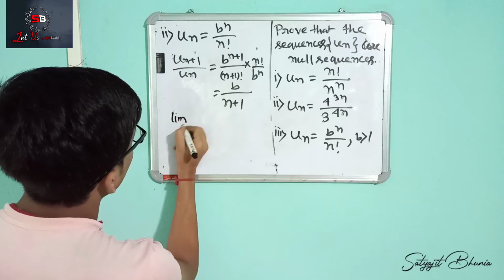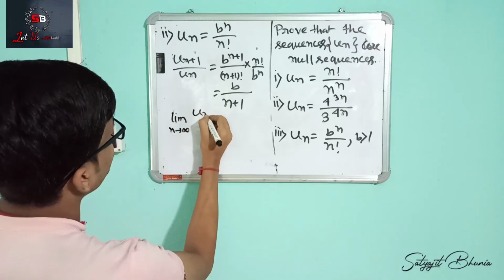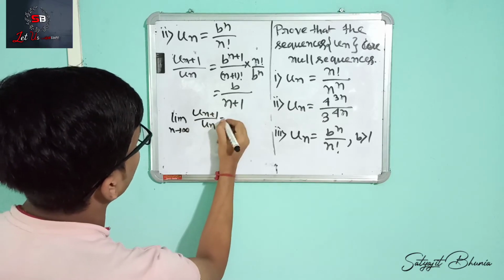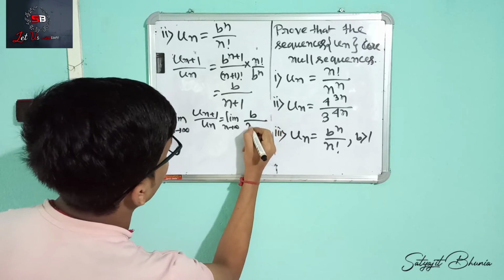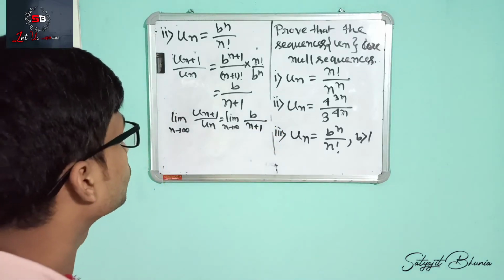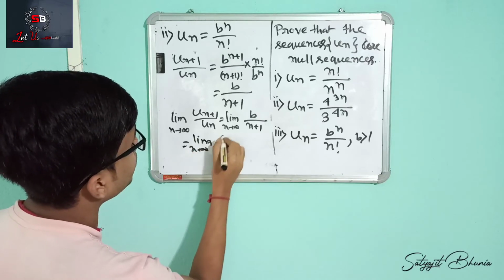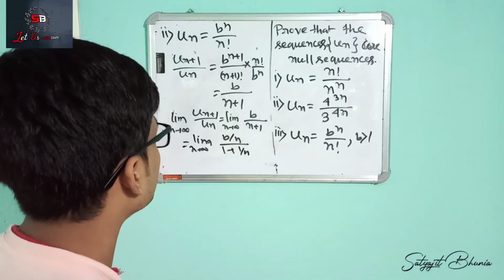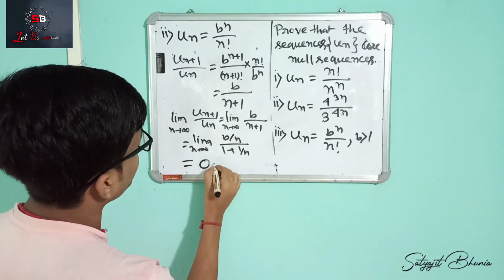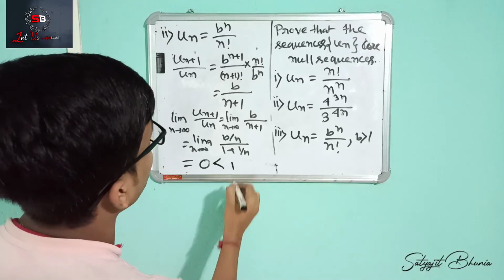And then limit n tends to infinity un plus 1 by un is equal to limit n tends to infinity b by n plus 1, which is equal to 0, which is less than 1.